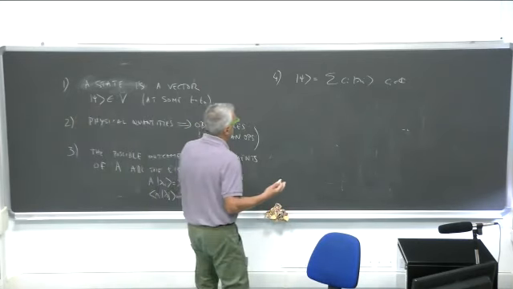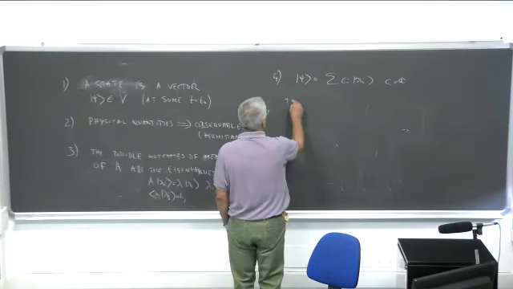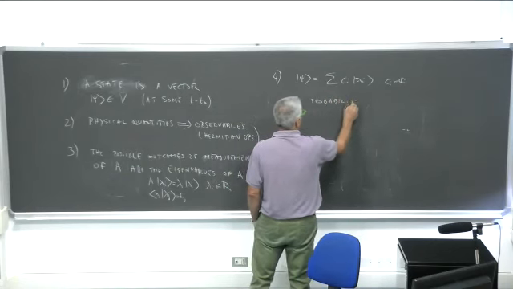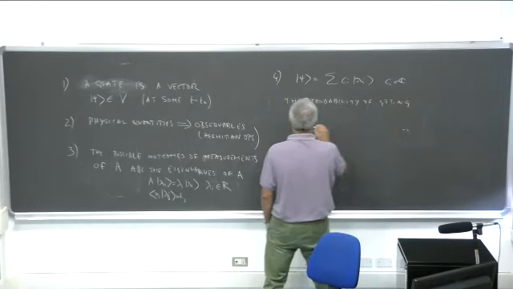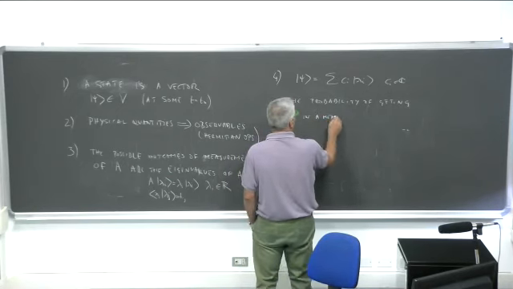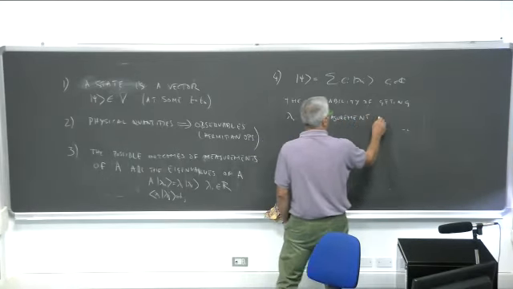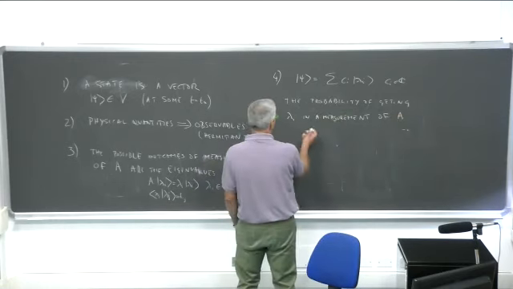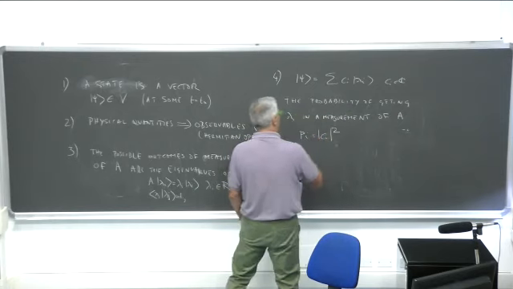And so the crucial thing is that the probability of getting lambda_i in a measurement of A, let me call it p_i, is just |c_i| squared.